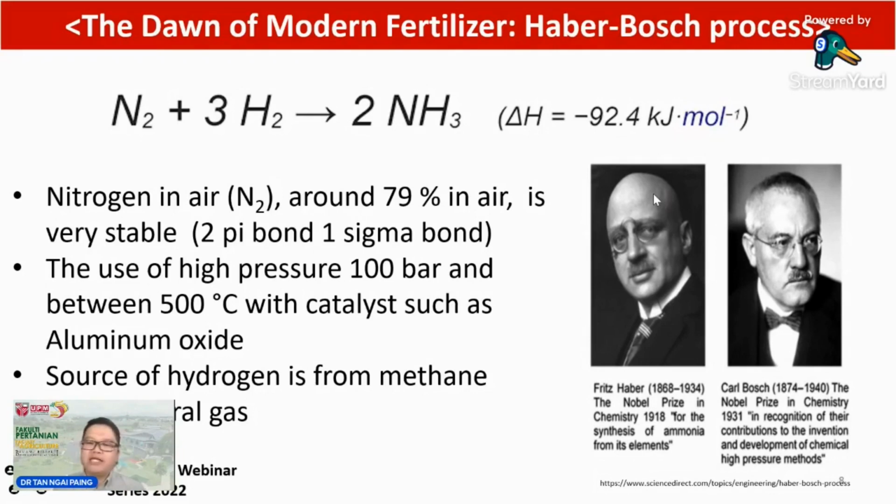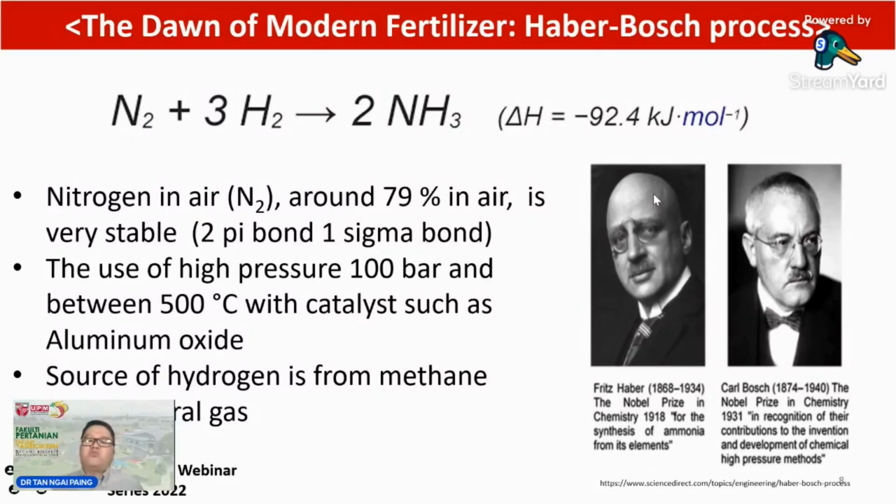So what happened then? Peruvians fought again, the price became so expensive, and the supply was depleting. So what can we do apart from the traditional Peruvian manure? This is where we come to the dawn of modern fertilizer.